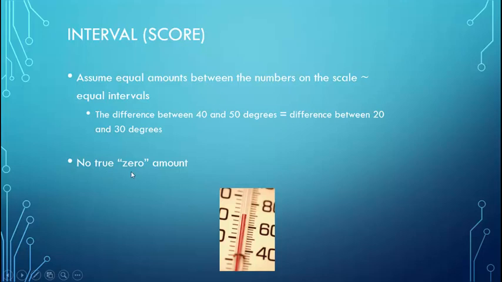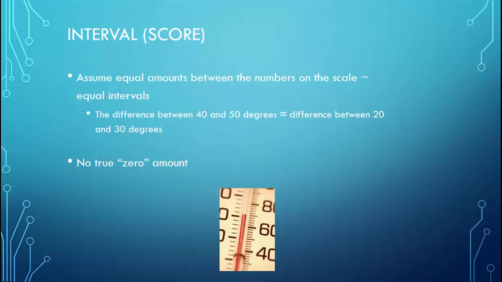A true zero would mean, what does the concept of zero mean mathematically? Nothing, right? Nothingness, empty, right? 0 is a point on the scale of temperature, but it doesn't mean there is no temperature. It doesn't mean the absence of temperature. It's just another temperature, and it's a very, very cold temperature, right? So although 0 is a point on our scale, it's not a true zero, meaning nothingness or the absence of a quality.